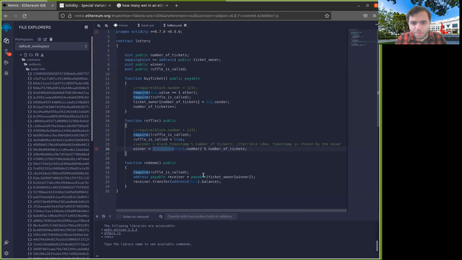So the block hash is not really an unsigned integer, we have to convert it. Does it work? Yeah. Okay. So I take the block hash of the current block, I turn it to an unsigned integer, and I use that as my random number. And I say just take it modulo the number of tickets, and that gives you the number of the winning tickets.